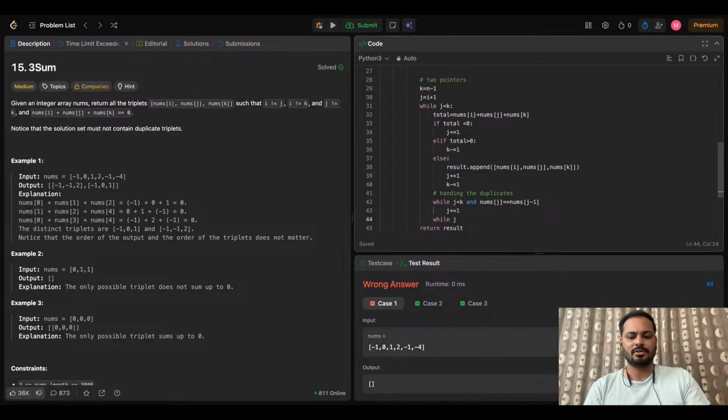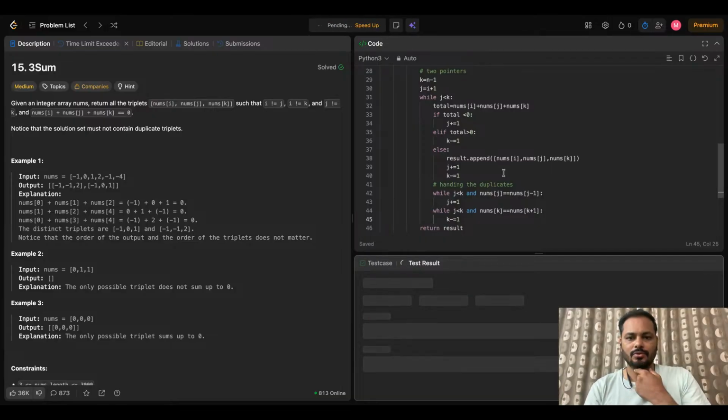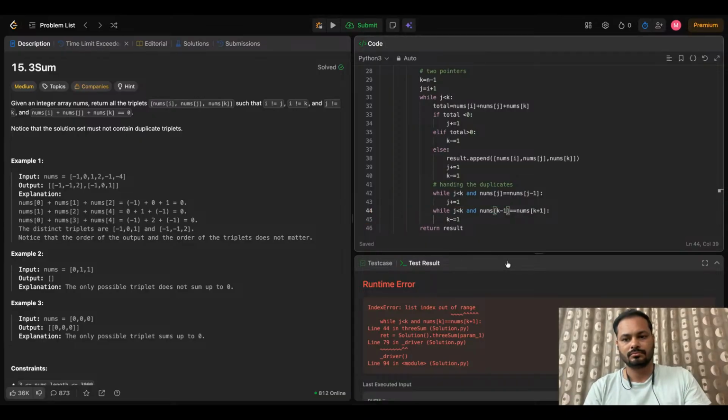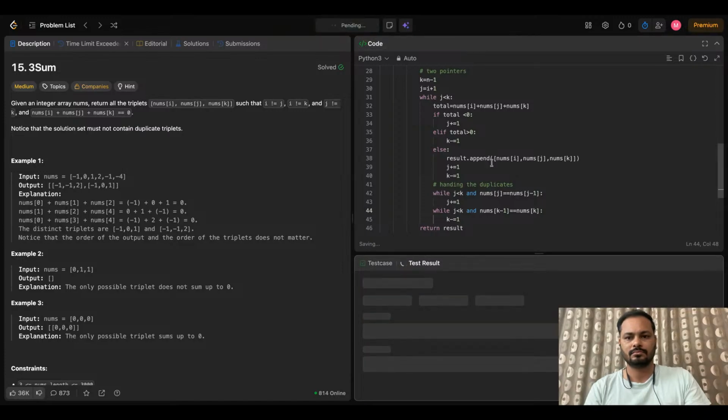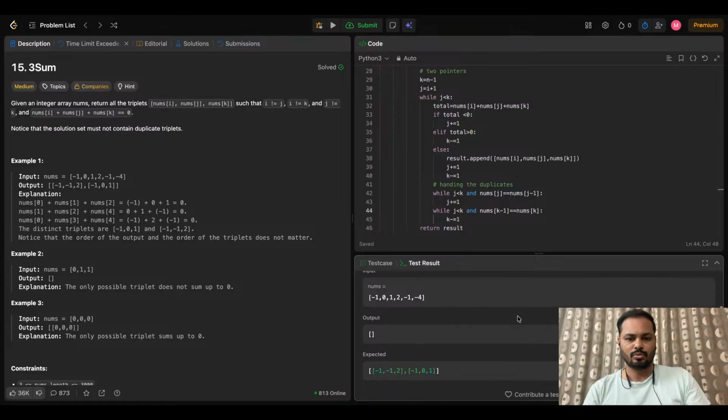While j is less than k and nums of k is equal to nums of k plus 1, then it will do k minus equals 1. But my output is coming 0.